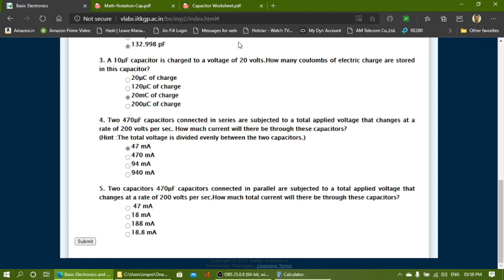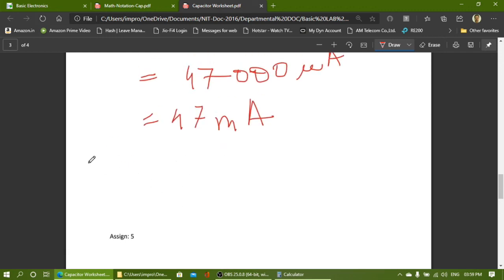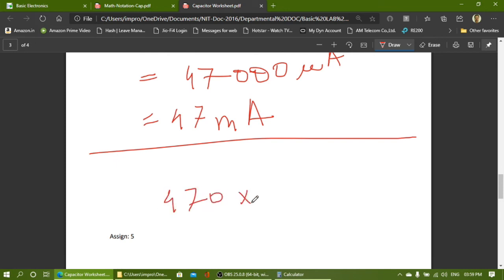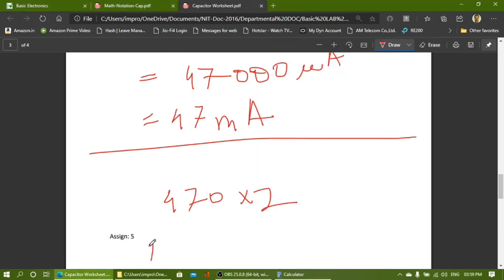First we will find what our total C is. 470 into 2, in this case of parallel connection, so we'll get total C as 940 microfarad, and again our dV is 200 and dt is 1 second.